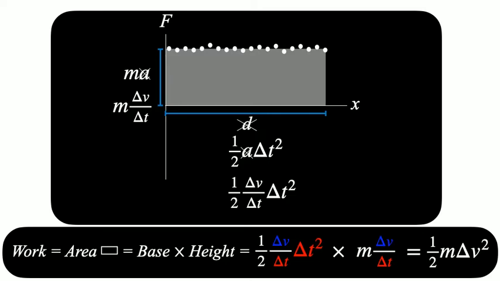Since all initial values of time and speed in this scenario are 0, we can remove the delta. Now we can see our familiar kinetic energy equation. The work done on the system was equal to and responsible for the increase in its kinetic energy.